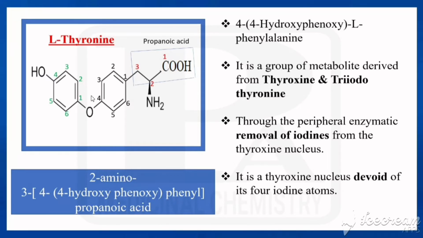So we'll see the chemical name. 2-amino. In the third position this would be attached. So 3, open bracket, 4-hydroxyphenoxy, close the bracket, phenyl, and propanoic acid. So this is based on propanoic acid.